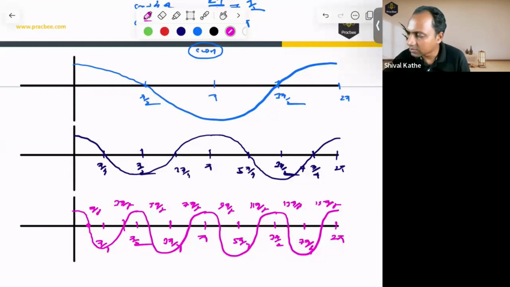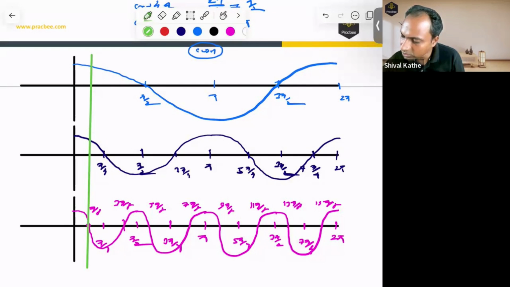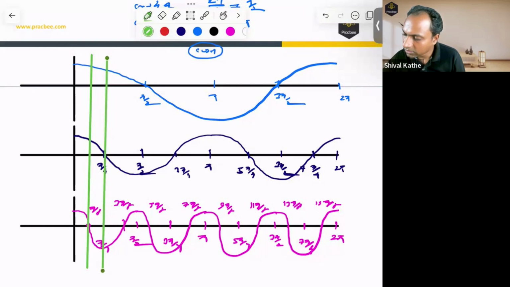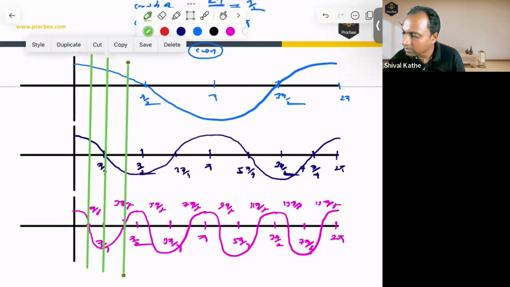Now let us draw lines. So you can see that first very important line can be drawn at this point. Another important line, now let us copy paste this one, duplicate. Could be drawn at this point. Let us duplicate. Duplicate.